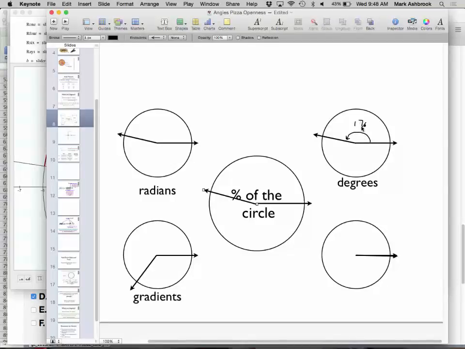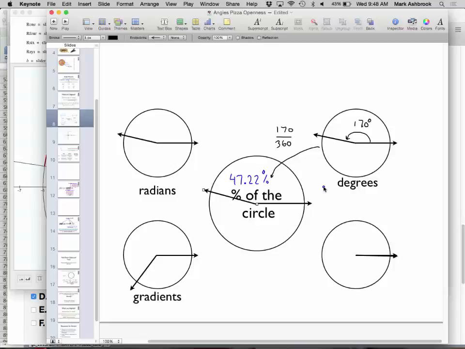We find what percent of the circle this is by doing 170 over 360. That's the fraction of a whole circle we've got, and that is 47.22%.